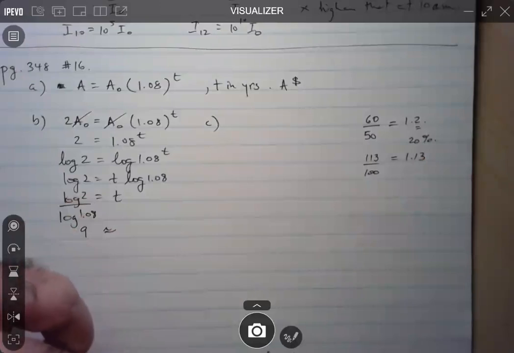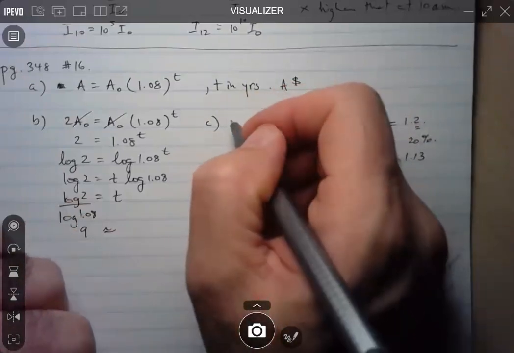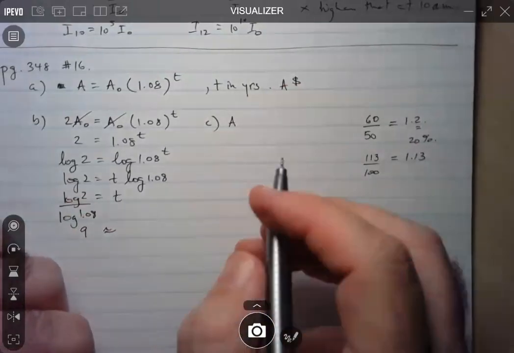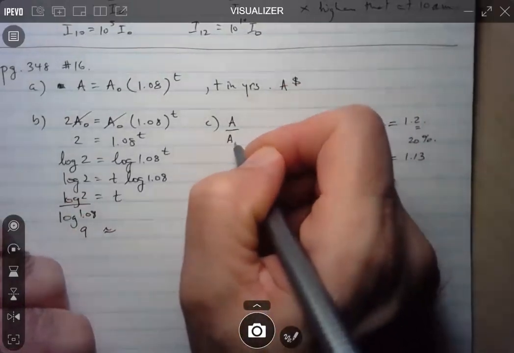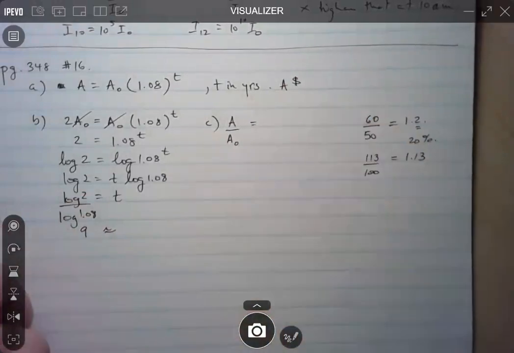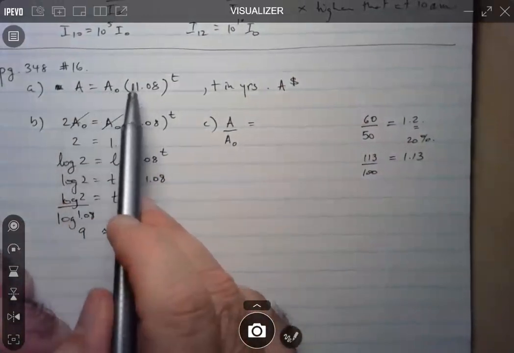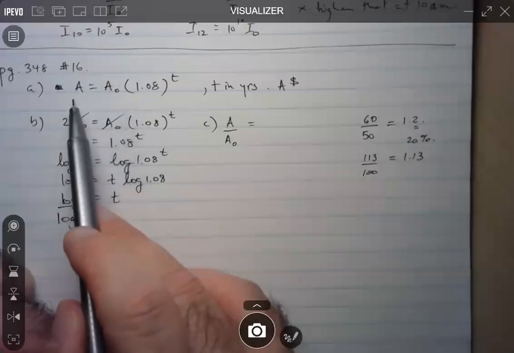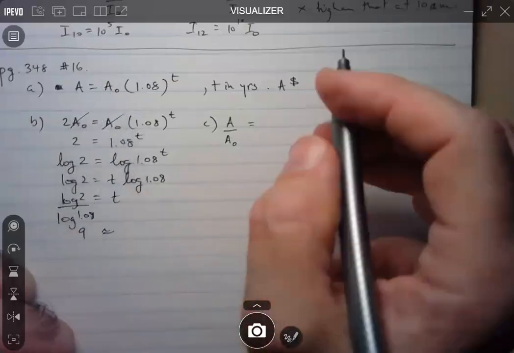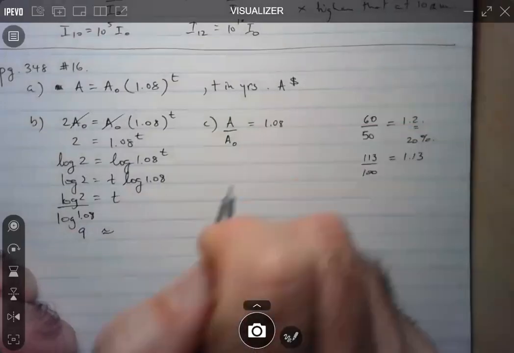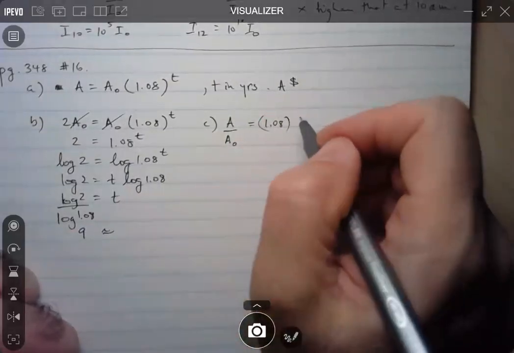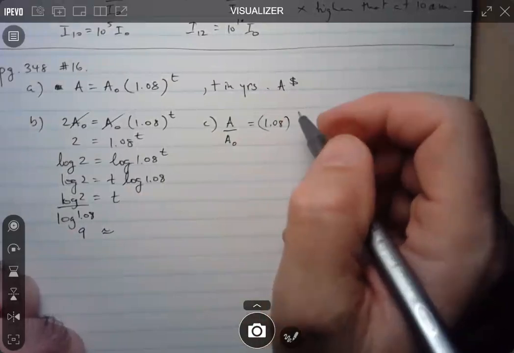So in order to calculate percent increase, the first thing I would want to do is take my new amount divided by my initial amount. And so now in my equation, I'm essentially taking this equation here and just dividing A naught to the other side. And so now this 1.08 is being raised to the 5, for 5 years.